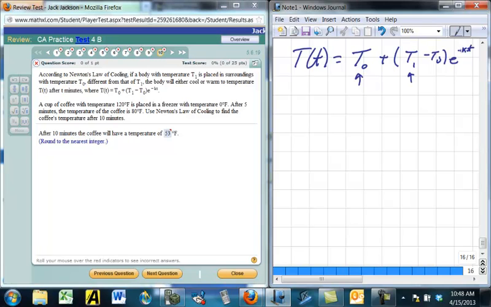We're taking a cup of coffee and put it in the freezer. So the temperature in the environment is 0 degrees. And the cup of coffee, when it's first put in, is 120 degrees. That's in Fahrenheit. And so we have this formula. Well, a bunch of zeros there, so we can simplify this to 120 e to the minus kt.